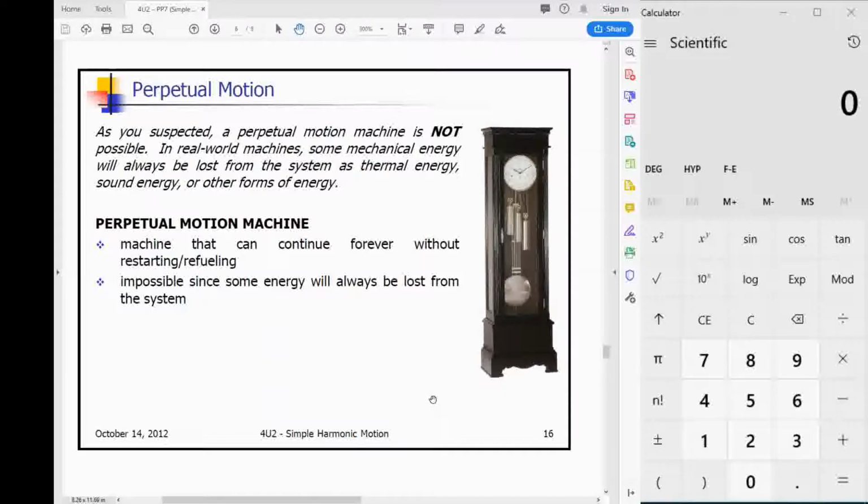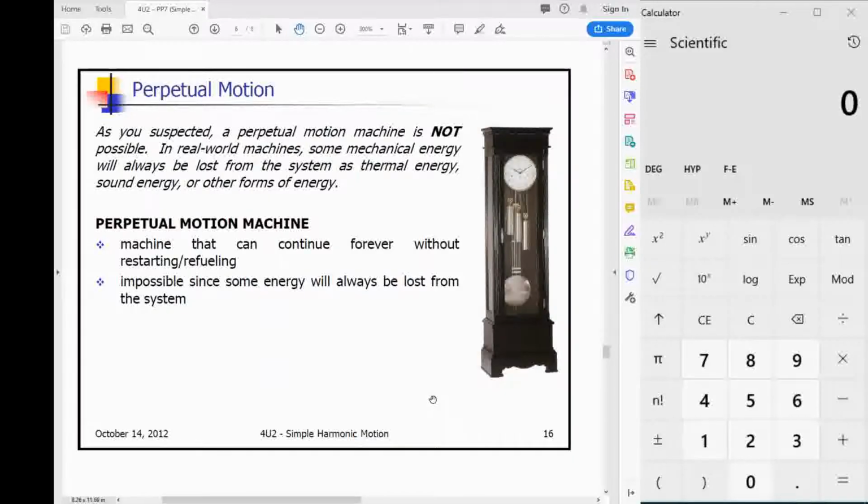There could also be loss of energy from sound, from light, thermal energy. Any sort of loss of energy in a simple harmonic motion system will cause damping, which will prevent it from being a perpetual motion machine.